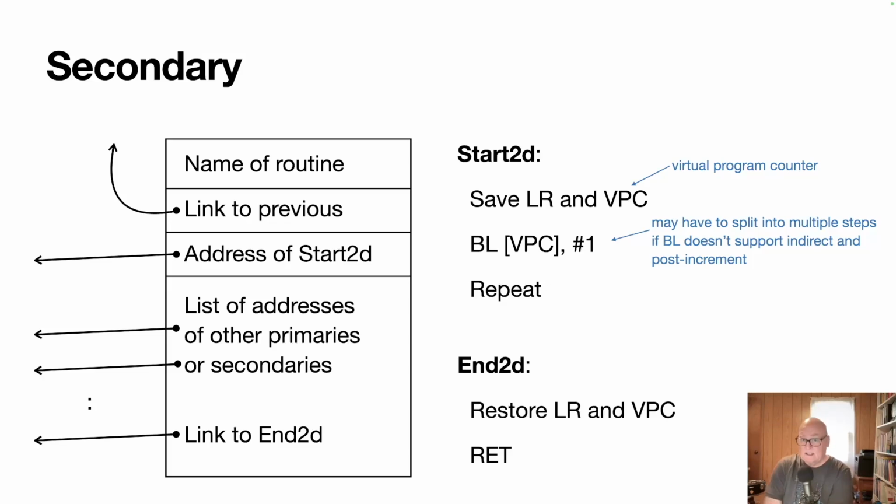Now, I sketched out something on the right. I think it's got some holes, small as it is. But basically, from when you run start2D to when you run end2D, that's one procedure that gets called. So it's going to have to save the LR and the VPC, because this routine might be called recursively, and it's certainly calling other routines.